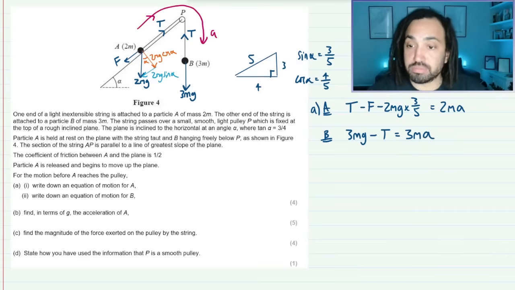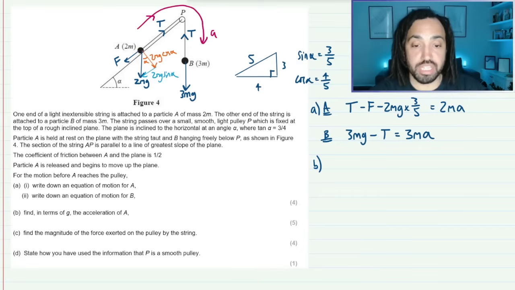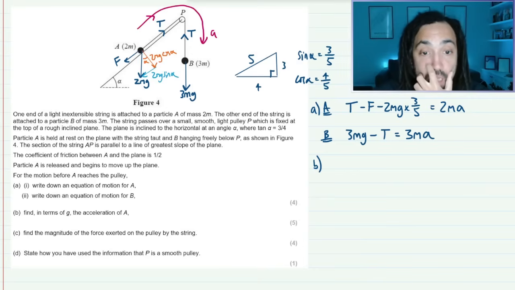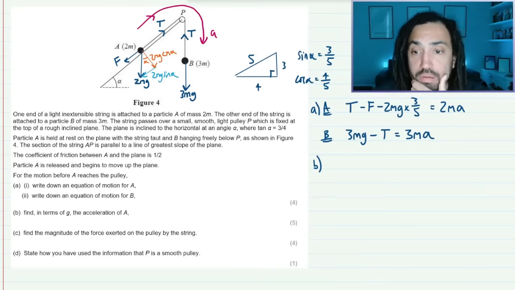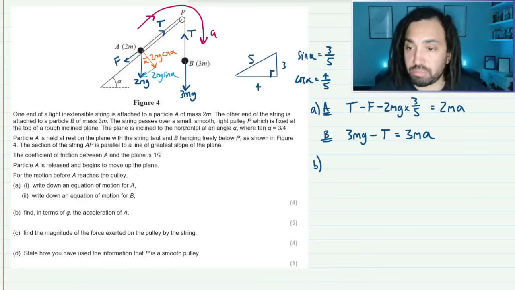Okay, perfect. Right, so part B is asking us to find, in terms of g, the acceleration of A. Well, I'm going to need to sub out F here.